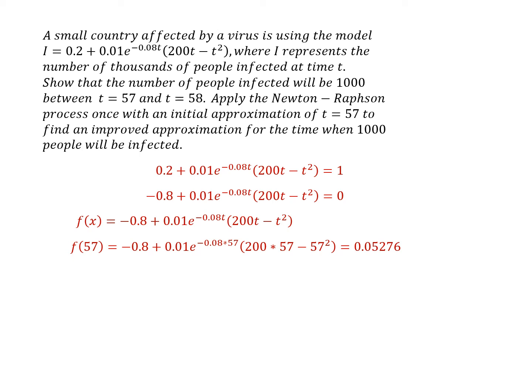We need to differentiate f of x. So when we do that, this term will disappear, and then differentiating this is basically the product rule, the product of 200t minus t squared and 0.01 e to the minus 0.08 t.